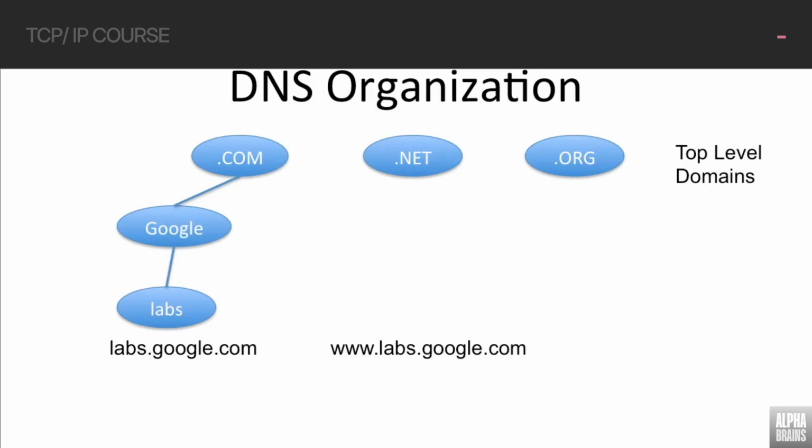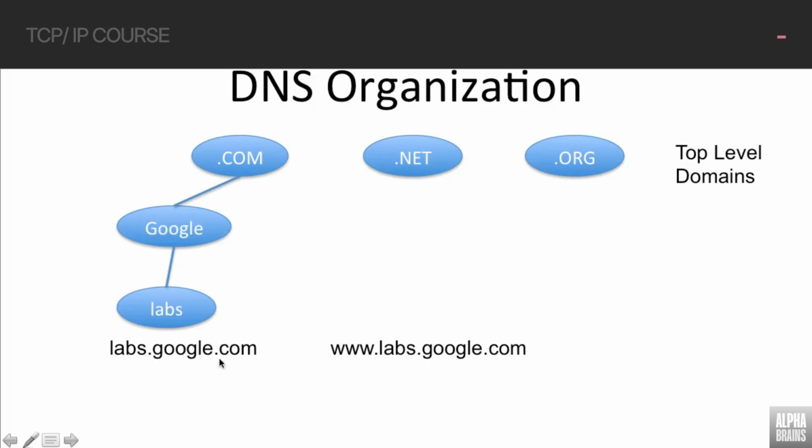As I said, this is a tree structure, and so we do this thing called a recursive lookup. So the first place that we are going to go is the DNS server for the .com domain, which is going to provide me information on where to go to get something about the google.com domain.